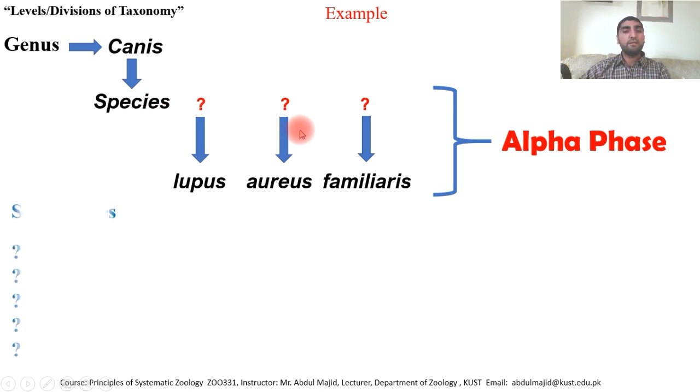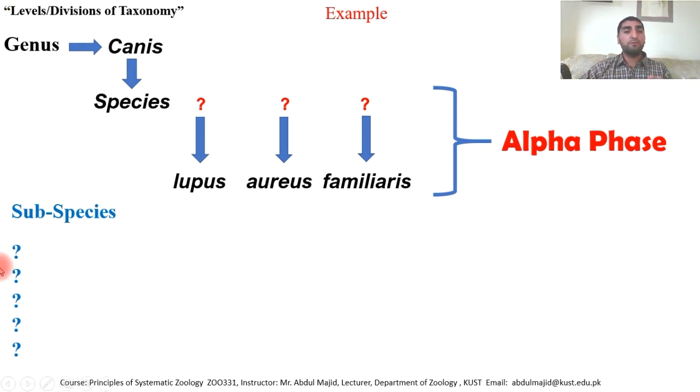Now again, not all species have subspecies. There are monotypic species and polytypic species. Monotypic species are those which do not have any subspecies, and polytypic species are those which have subspecies. So some species have subspecies, and some do not.